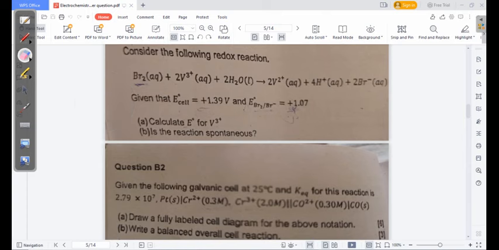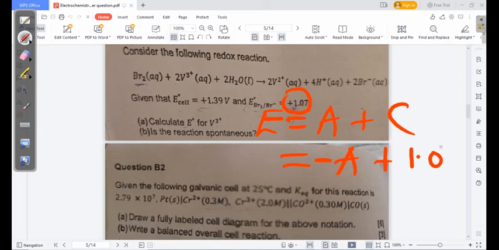Okay, so now we do understand that our standard cell potential is basically the addition of the anode and the cathode. Of course, we need to take note that the anode is supposed to be the reversed one. So after reversing, it becomes a negative. So we'll put minus A for the anode. The cathode, we've already been given the value to be 1.07. The standard cell potential has been given to be 1.39. So we can take A the other side so that it becomes positive. And then we have the addition of 1.07.